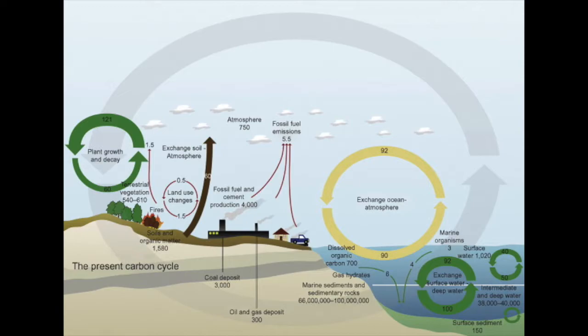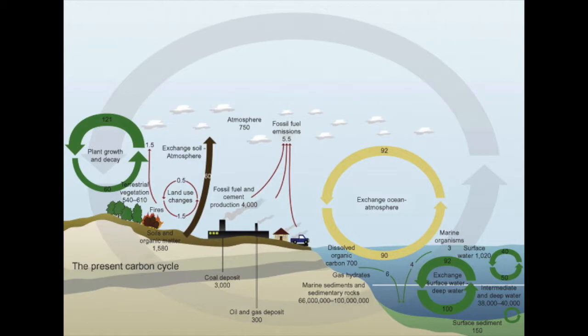And so before the Industrial Revolution, carbon in the atmosphere and carbon on the land was in balance. One of the main drivers now is the combustion of fossil fuels. This is pumping carbon into the atmosphere all the time.